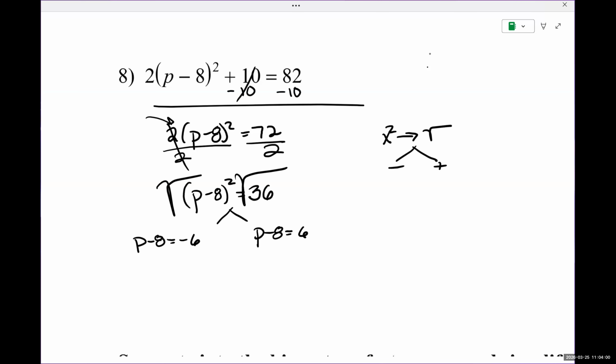It doesn't matter which one you put left and which one you put right, but doing negative on the left and positive on the right will help you when you eventually have to graph these. Okay, so isolate your variable, get rid of the 8 by adding. So P is equal to positive 2 plus 8, and you get 14.